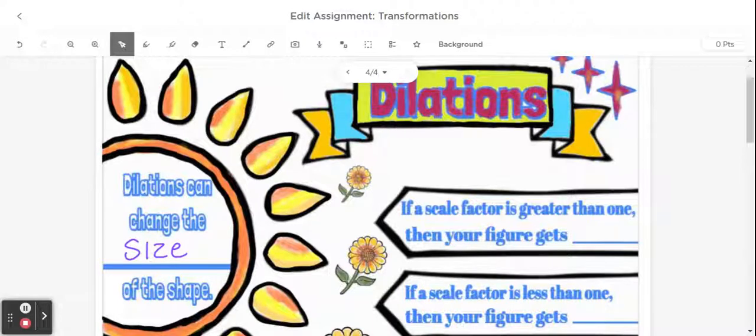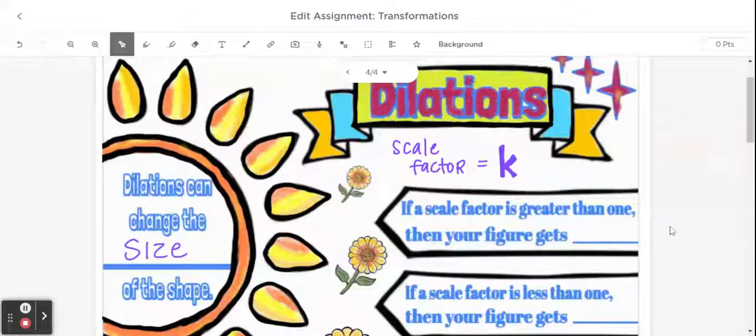The scale factor is how much bigger or smaller the shape is getting, and we use the letter K for scale factor. So if you ever see a problem that says this triangle is dilated by a scale factor of 4, or it might just say K equals 4, that just means the scale factor is 4.